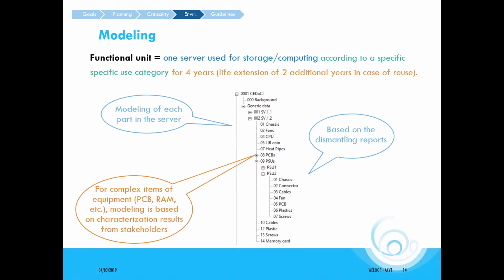Also, for complex items of equipment like PCB, CPU, and RAMs, we decided to model based on specific results, for example, characterization results from stakeholders, instead of using generic data from the EcoInvent database.